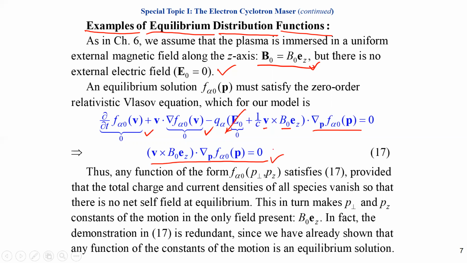Thus, any function of the constants of motion satisfies equation 17, provided that the total charge and current distribution of all species vanish, so that there is no net self-field at equilibrium. That means total charge vanished, so therefore no electric field. Total current vanished, therefore it doesn't generate magnetic field.